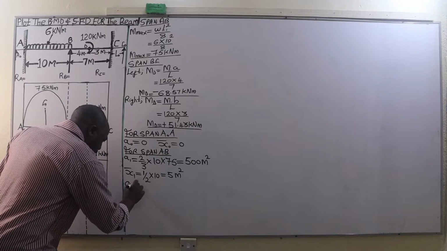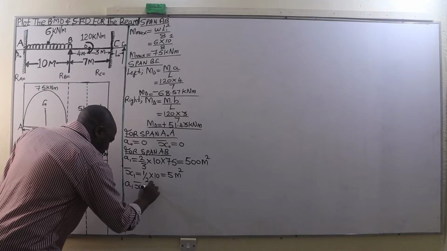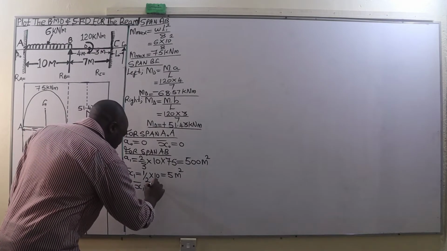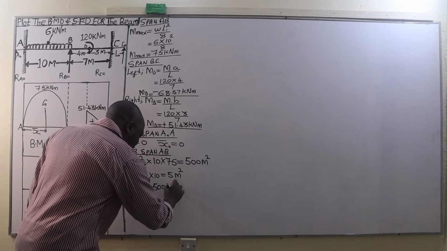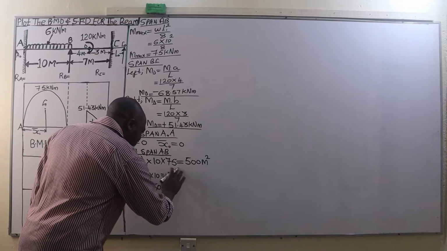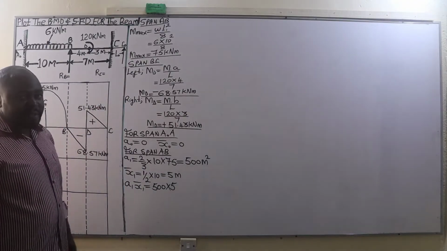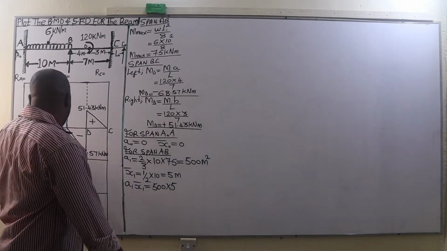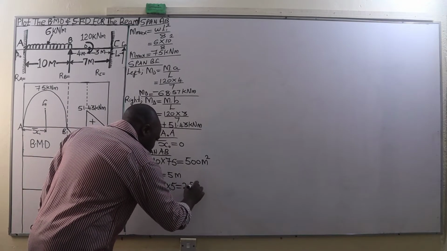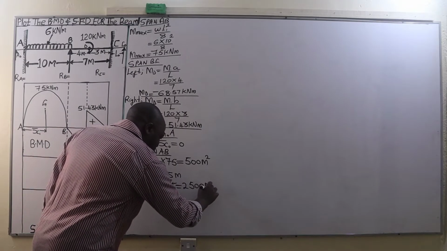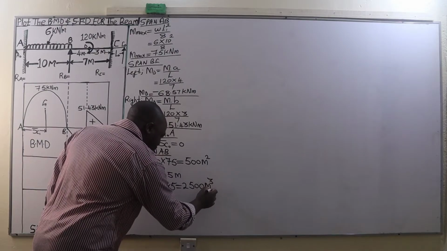Now, A1 bar x1 will be given by A1, 500 square meters, times bar x1, 5 meters, which is going to be equal to 2,500 meters raised to the power of 3.